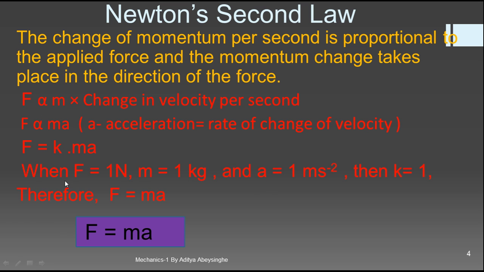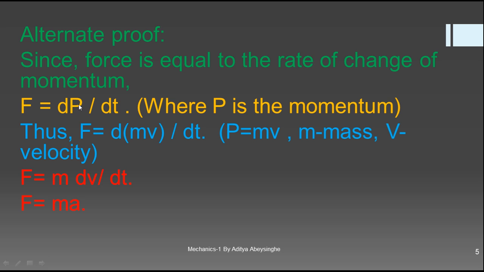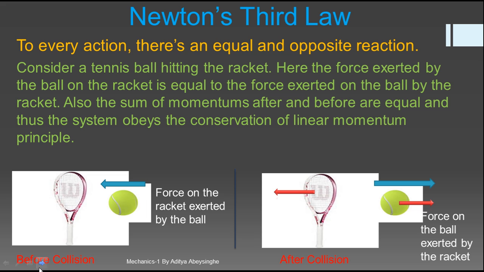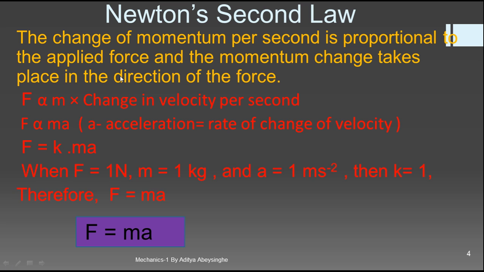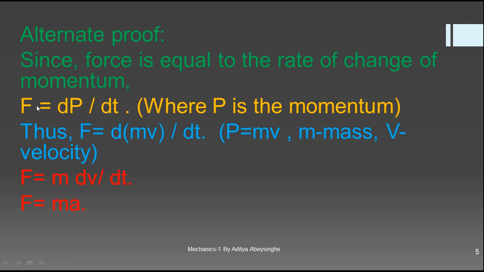So another way to express this is the direct derivation of the force here, the direct derivation of the change of momentum per second. According to that derivation, you can say that force is equal to the momentum change per second.